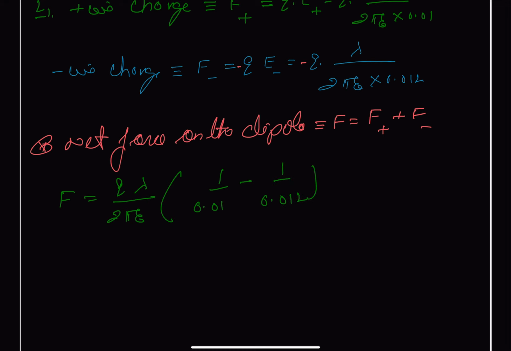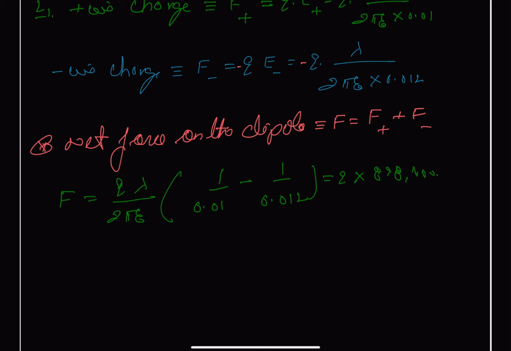And we are supposed to find out Q. So let us substitute our values, and this will be giving us Q times, okay, let me write it. It's quite a big number, 898,400.